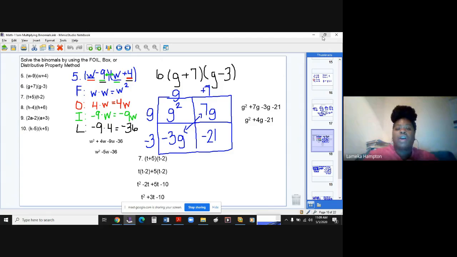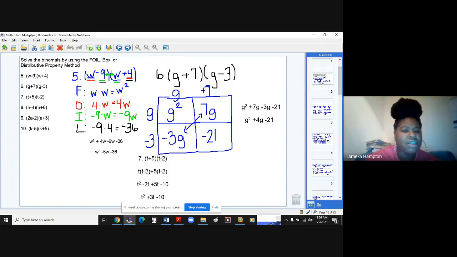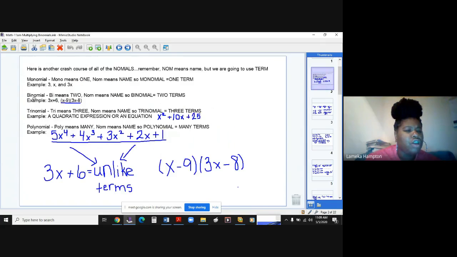All right, so we are continuing with multiplying binomials. Remember, binomials are two terms. So just in case you forgot what a binomial was, here you go right here. A binomial is two terms. We are multiplying two terms together.